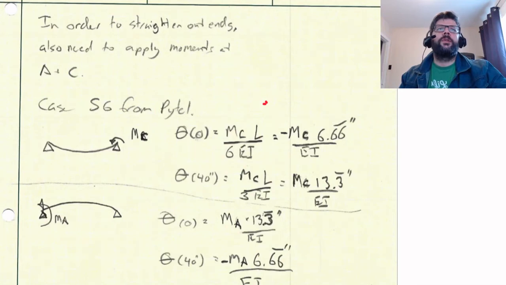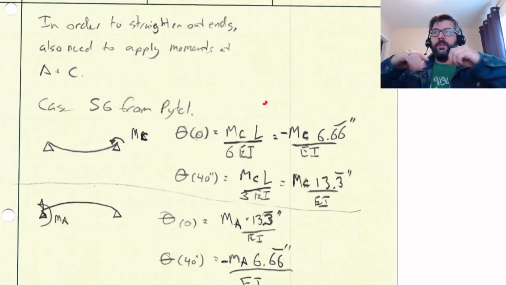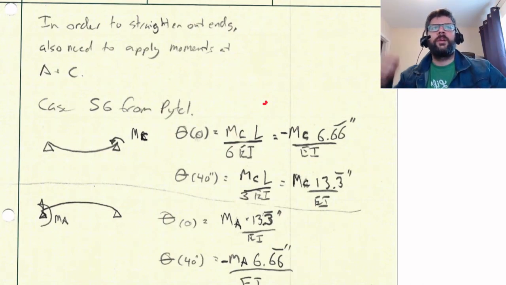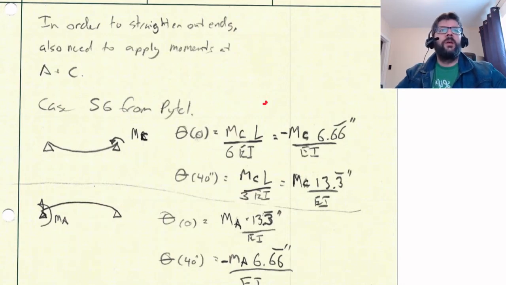So in order to straighten out the ends, to meet our compatibility condition of the fact that it's fixed at the ends and it needs to stay flat, we're going to have to apply moments there. So we're going to use case S6 from Pytel. So that one basically just tells us, we apply a moment at one end, and we're going to get a certain angle here and a certain angle here.